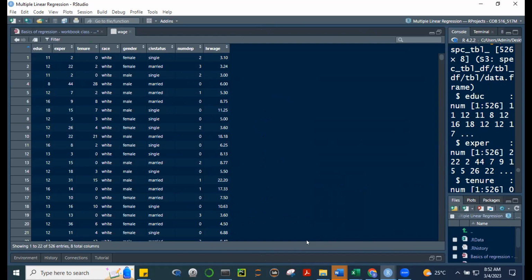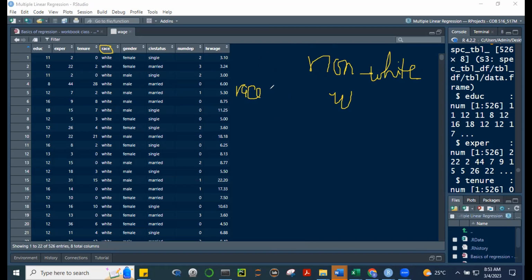Why did it become race white? Take a look at the variable race. It has two levels. Alphabetically, what appears first is non-white, and then the other is white. So what will R automatically do?